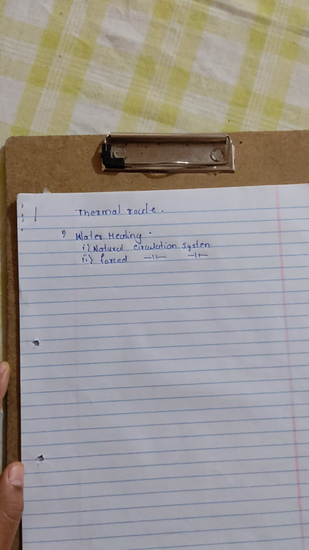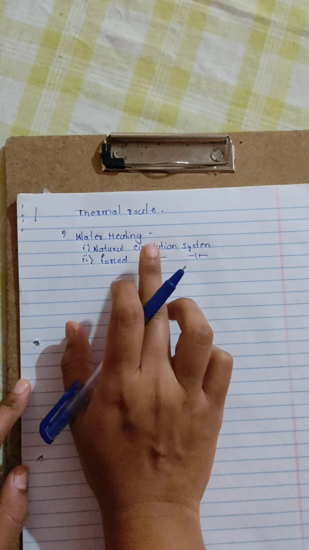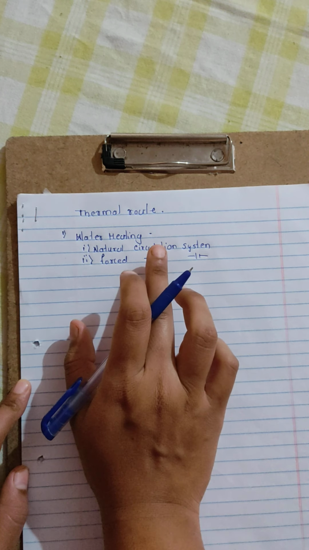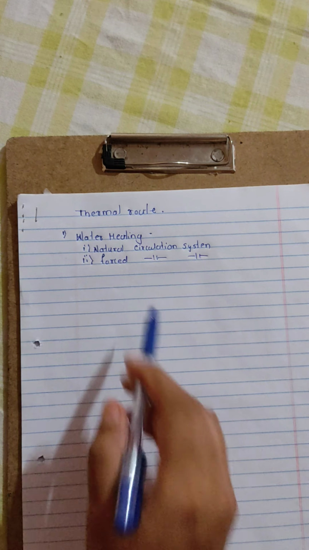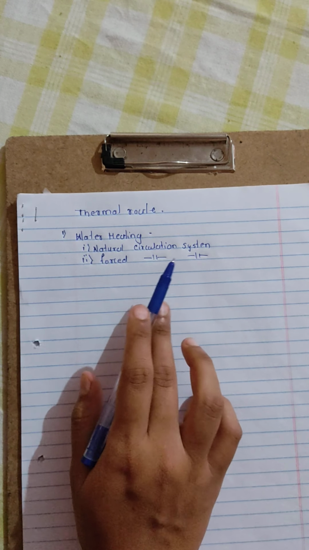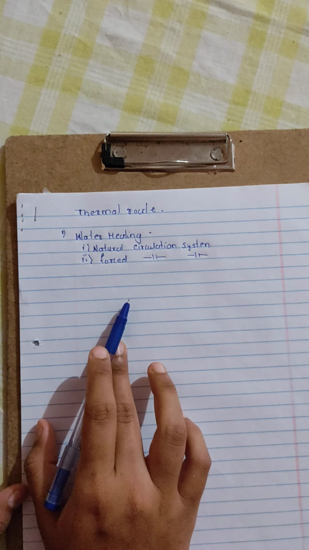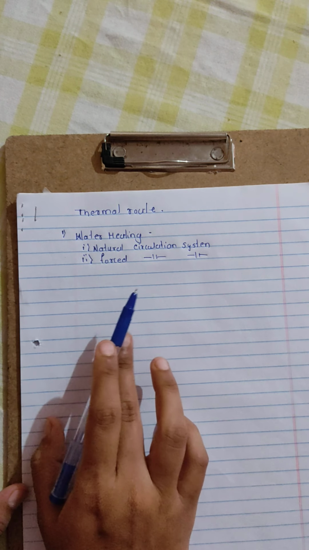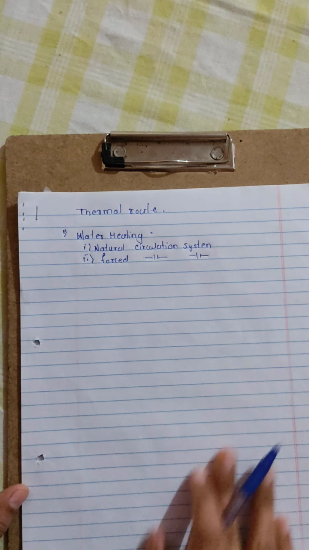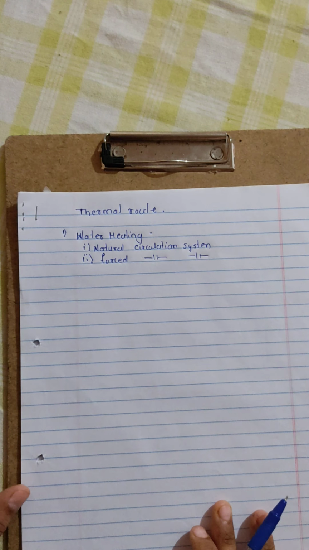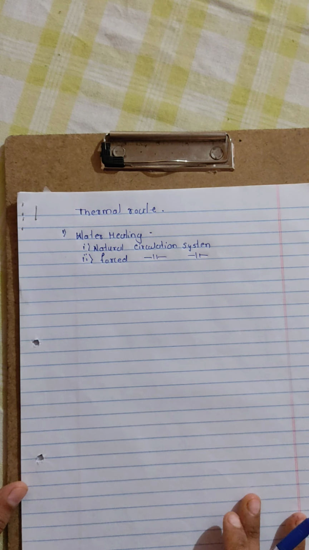In the natural circulation system, each system is simple, has small capacity and is useful for domestic use. However, the forced circulation system is used when a large amount of water is required and is useful for industrial and commercial purposes, such as hostels, hospitals, offices, factories, etc.